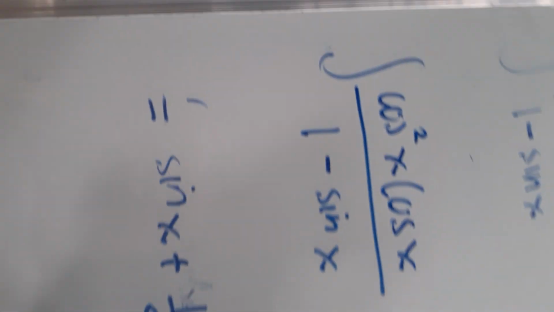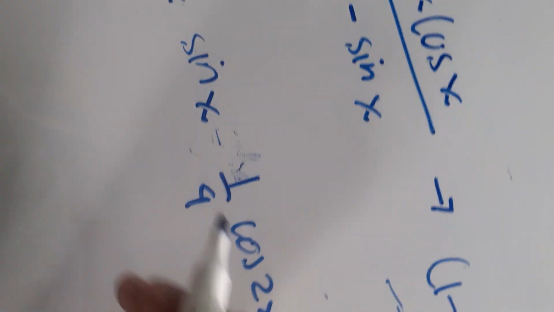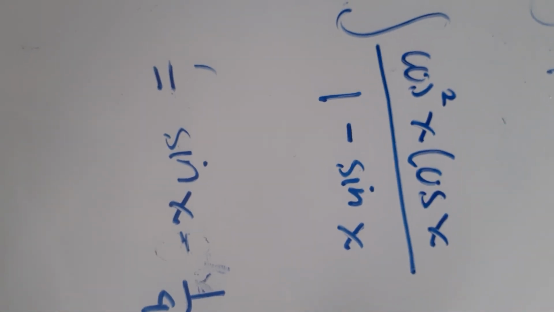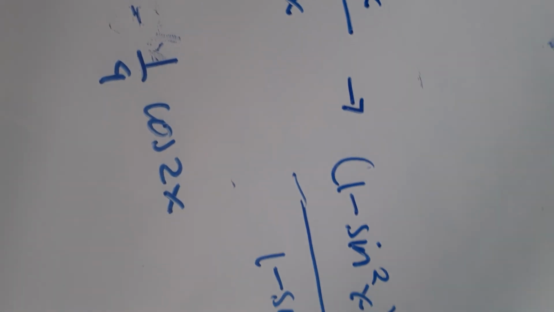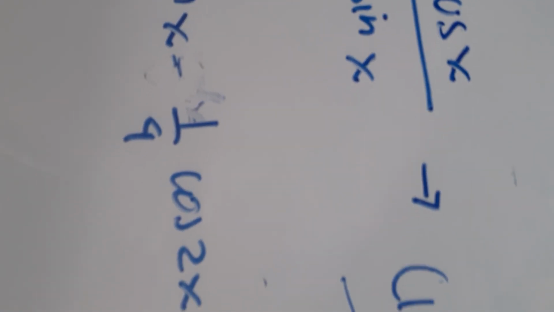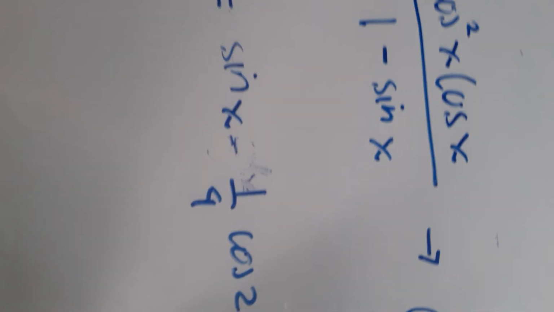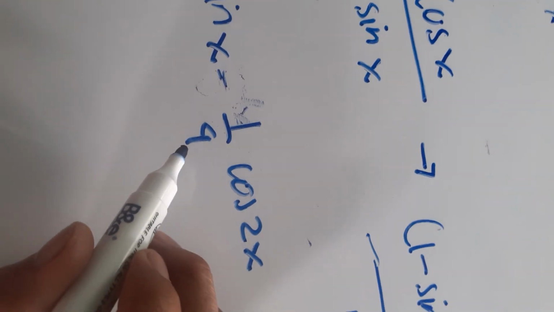Sorry, it is not 1/4 cos 2x, rather negative 1/4 cos 2x. This is our final answer earlier, since the integral of sine u is negative cos u, so that should be negative 1/4 cos 2x.